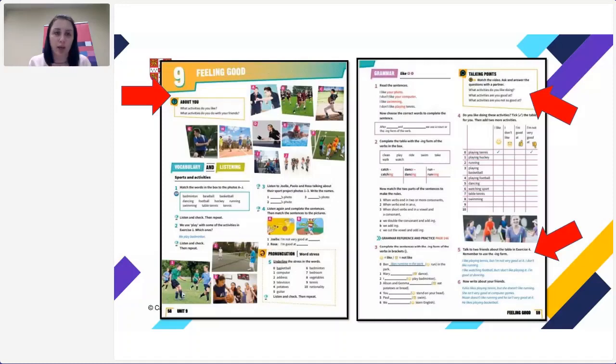So each spread has, look at this slide, I'd like to show you with red signs where we can speak. The first spread of our sample unit starts with the About You part. There is a topic for discussion that connects our student with the main topic. Our main topic is feeling good.